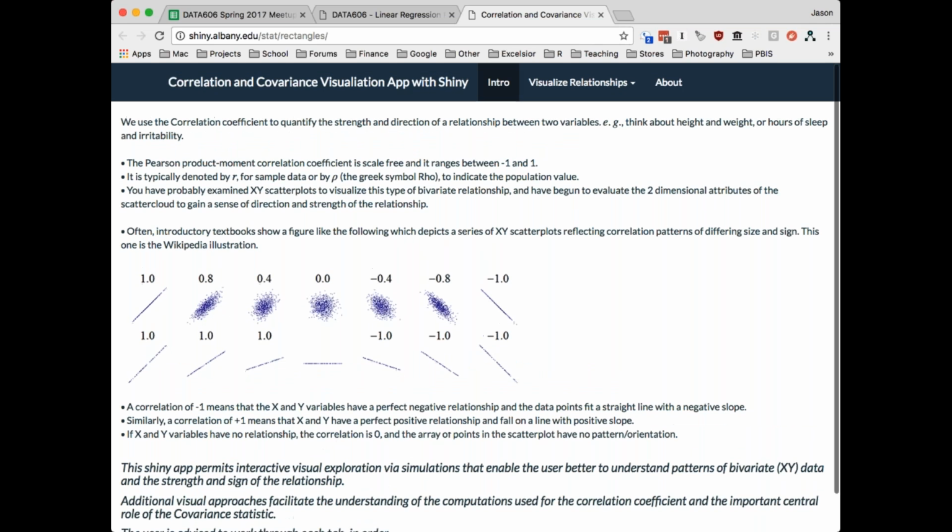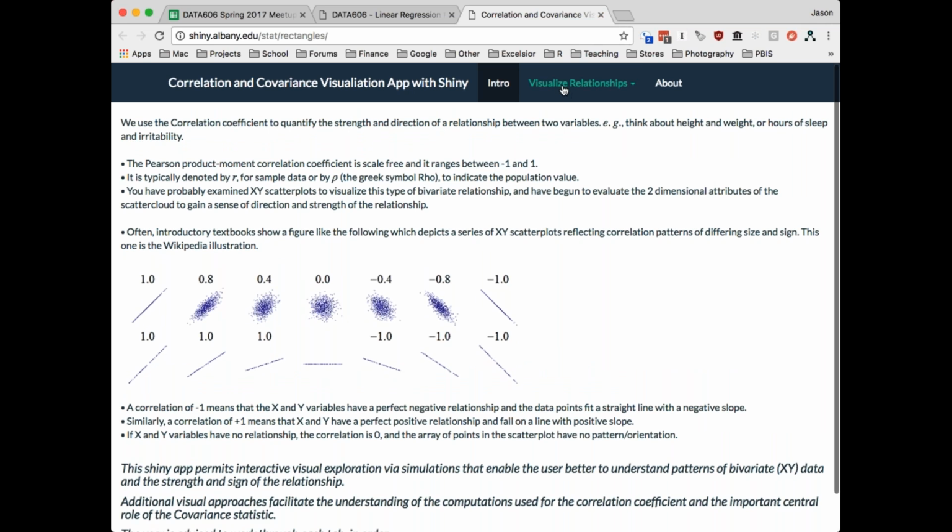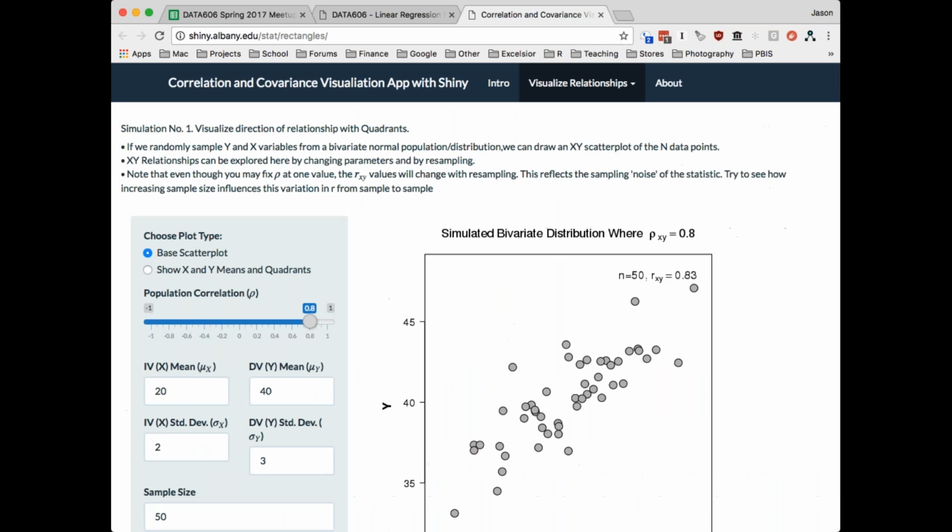He has some introduction here and provides a layout. In the second row he shows perfect correlations, though obviously the slopes are different as you go through. Then here are some plots with 0 being no correlation, and varying strengths of positive and negative correlations. You could step through this little Shiny app.